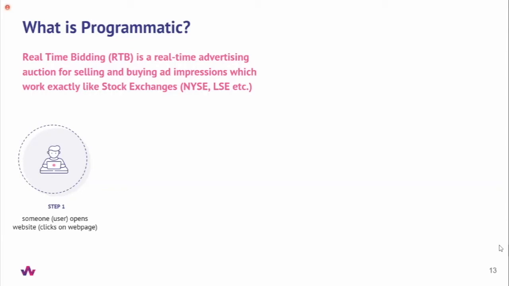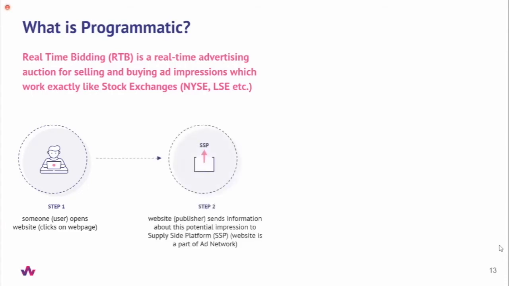When anyone opens a website or mobile application, or clicks on a web page, if this website is connected to an external ad network, external platform, the website informs the external ad network, which uses a platform called supply side platform, SSP, that it has a potential advertising impression for the current user, that they can show advertising to this user.